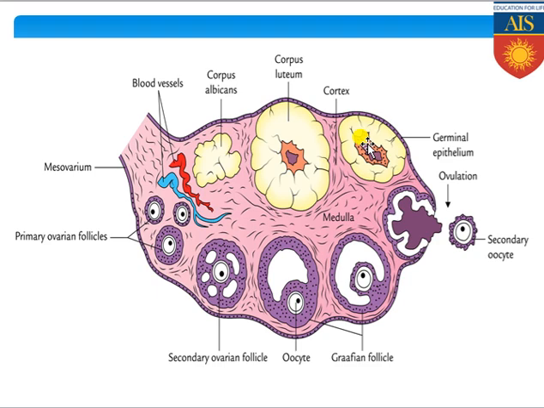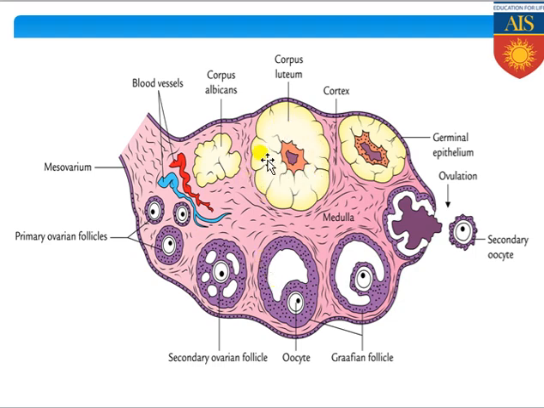Now the corpus luteum gets bigger, matures, and starts forming progesterone. And one more thing I have missed: as the primary, secondary, tertiary and Graafian follicles gradually mature, these ovarian follicles form the estrogen hormone as their product.